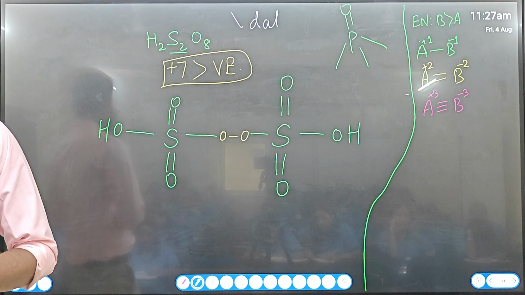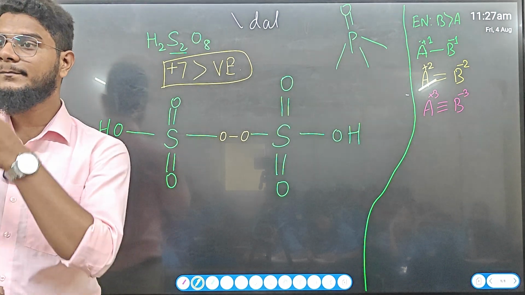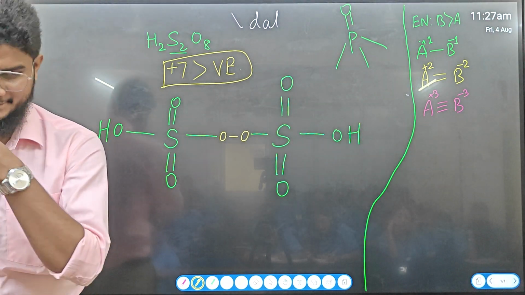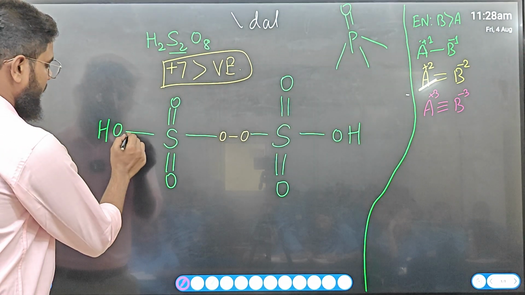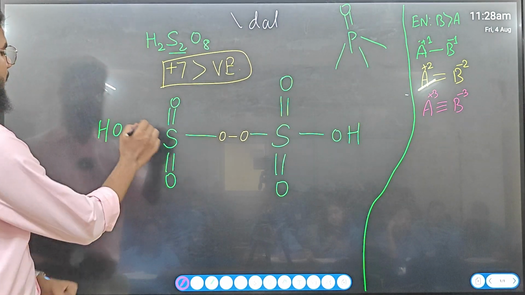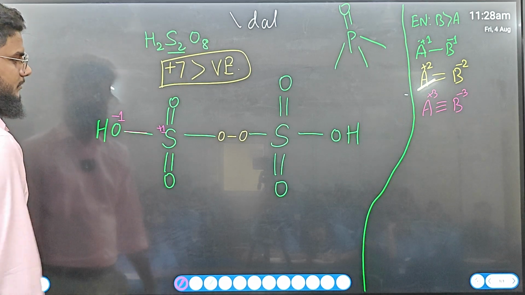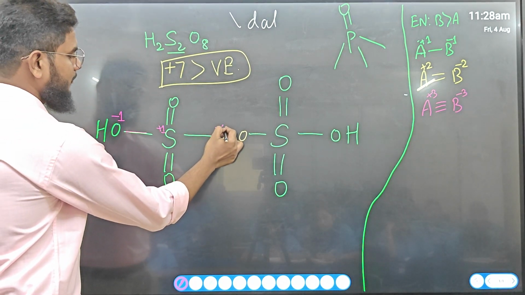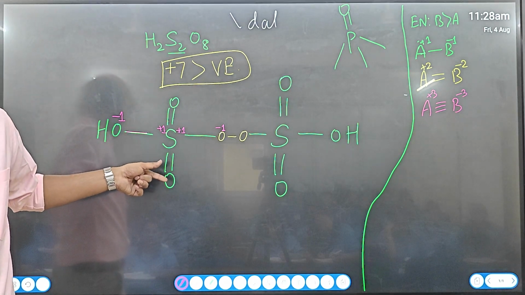Now what are you guys getting? Oxidation state of sulfur plus 6. Very good. How? Single bond: you know, oxygen is more electronegative than sulfur, so this has -1, +1. Very good. Simple. Double bond is there, right?